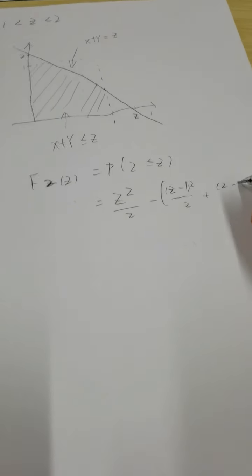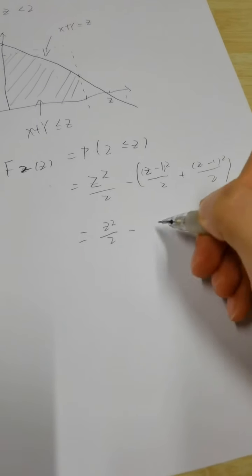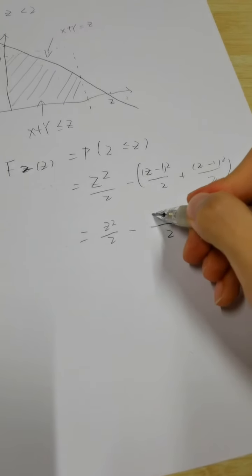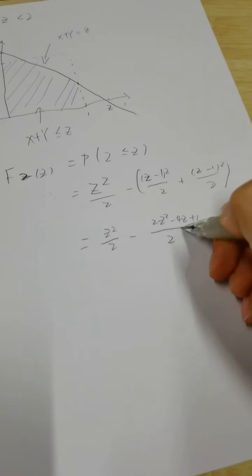So when we calculate, we get z square divided by 2 minus (2z square minus 4z plus 1) divided by 2.